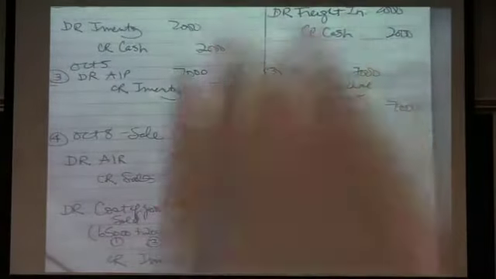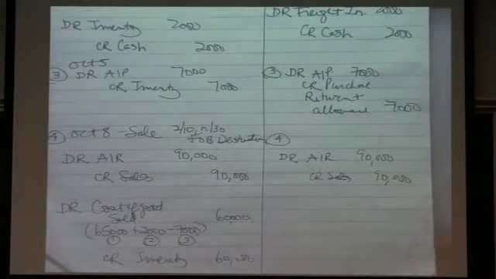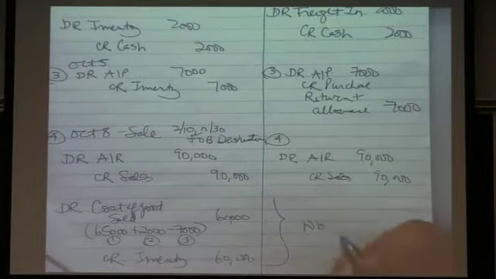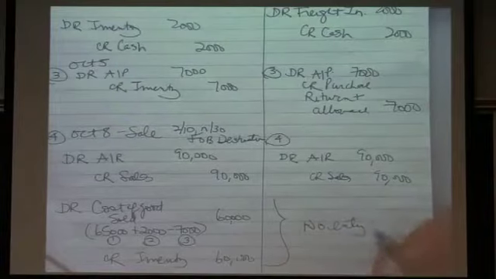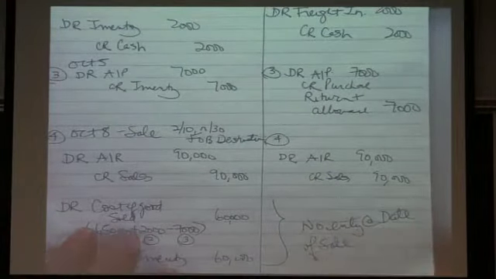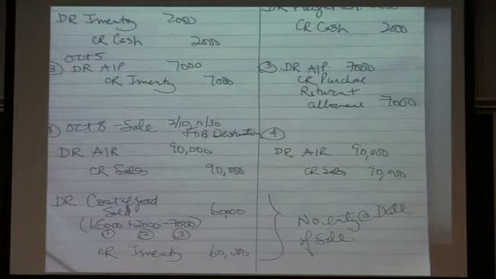Under the perpetual inventory system, we're constantly updating the amount that should be left in our inventory after we sell a whole bunch of products. But under the periodic inventory system, there is no entry at the date of sale. The cost of goods sold is only recorded once each operating period.